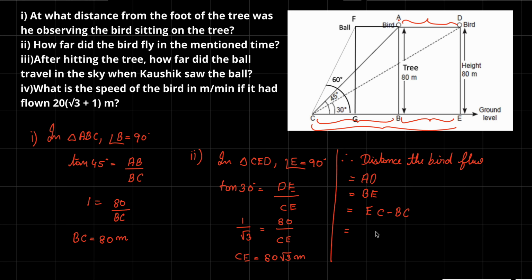EC we calculated right now, which is 80 root 3, minus 80. BC is calculated in the first part. Always take common out for our final answer, 80 into root 3 minus 1 meters, and this is what we wanted.